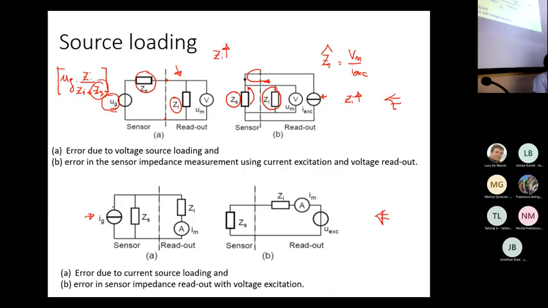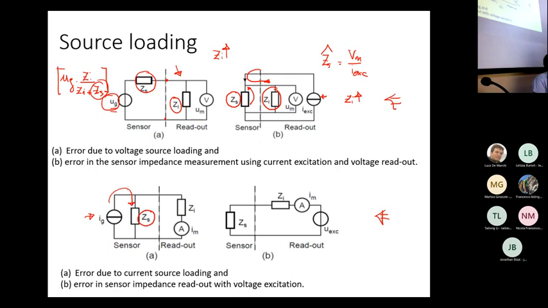We want to measure this current with this readout circuit, and we don't want the current generated here to flow back into the parasitic impedance of the sensor.